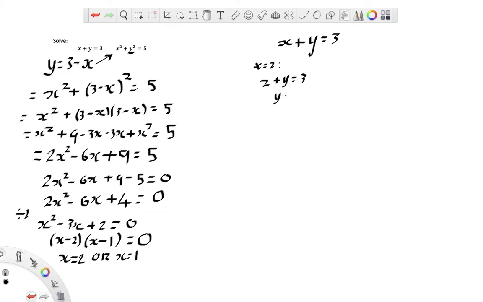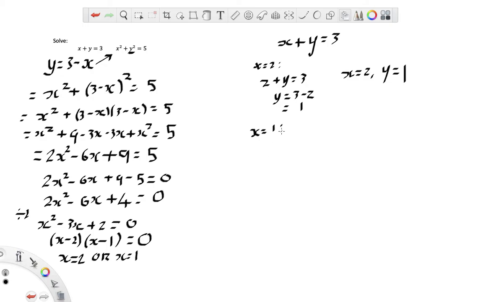So y is equal to 3 minus 2. So y there is equal to 1. So when x is 2, y is 1.